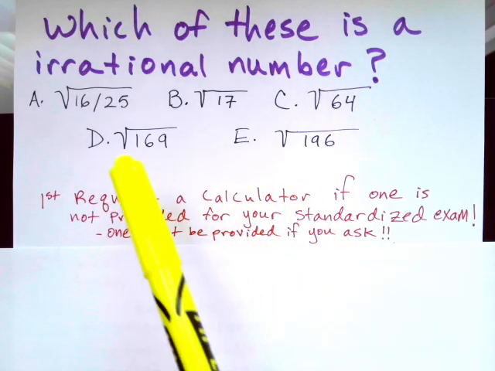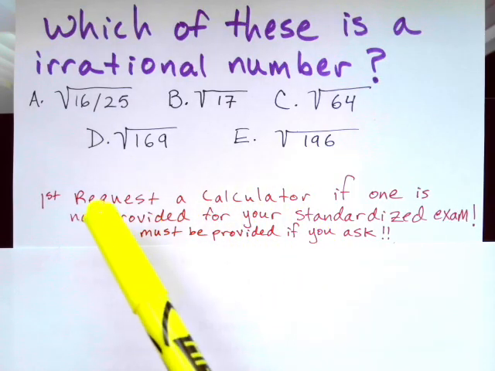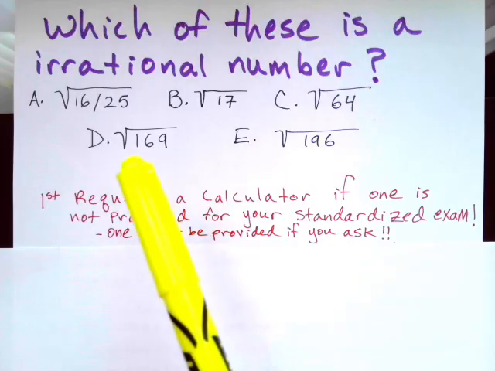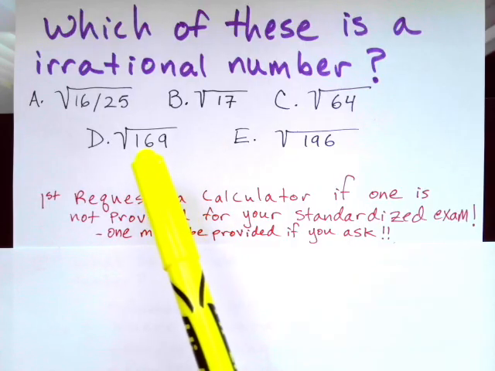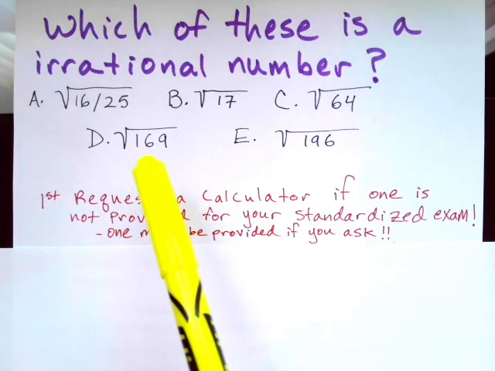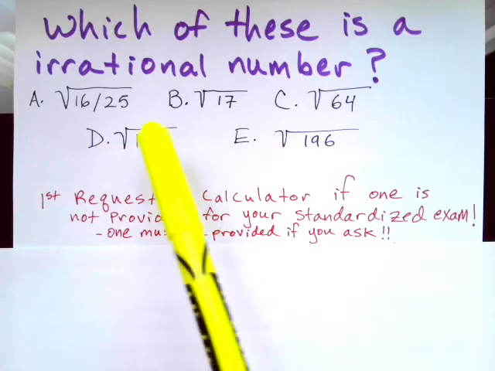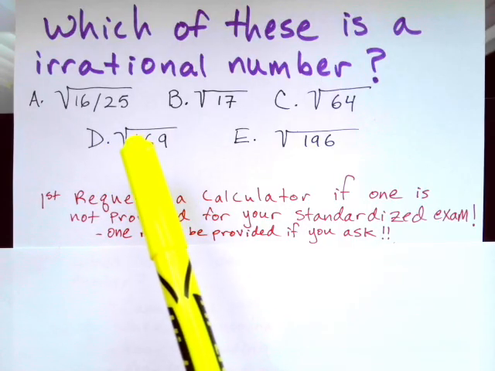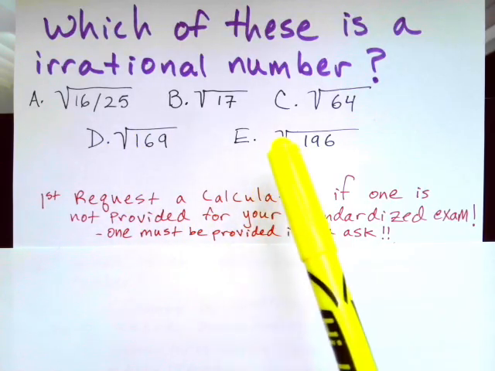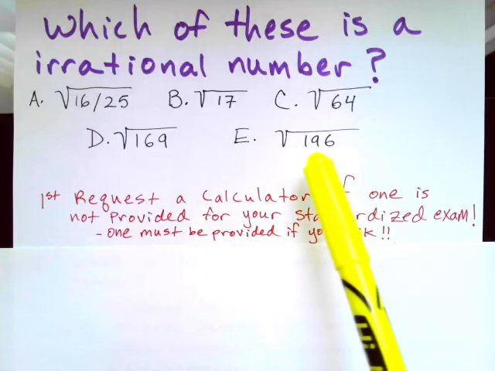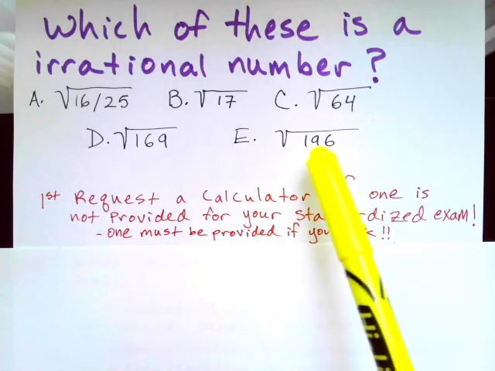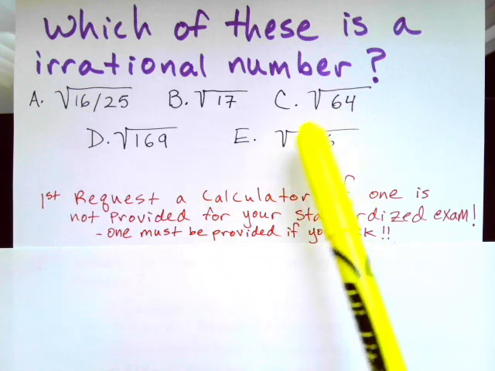Okay? If I know that 13 times 13 is a perfect square, and that multiplies to 169, well, I can eliminate D, right? If I look at E, the square root of 196 is a perfect square, 14 times 14, so I can eliminate E as an option.